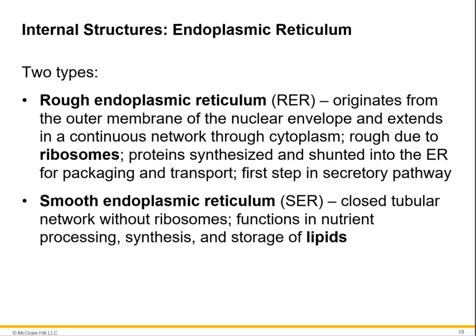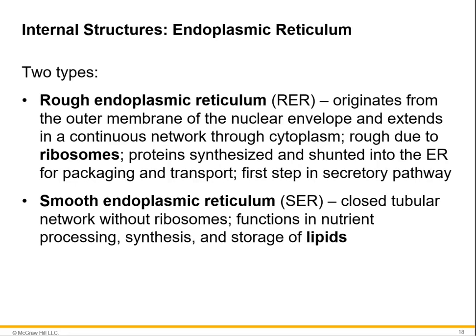So as you might guess, if you remember, ribosomes are the site of protein synthesis, so you may guess that the rough endoplasmic reticulum is involved in protein synthesis, packaging, and transport as well.